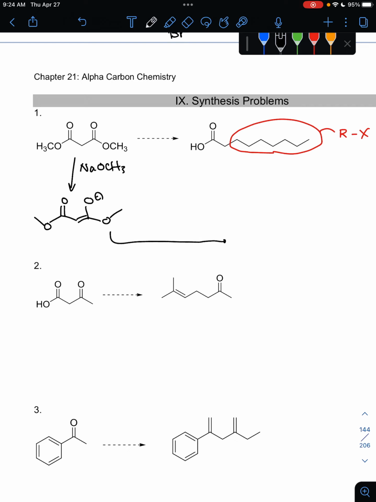And then in the second step, we need to have 1, 2, 3, 4, 5, 6, 7 carbons and a leaving group.